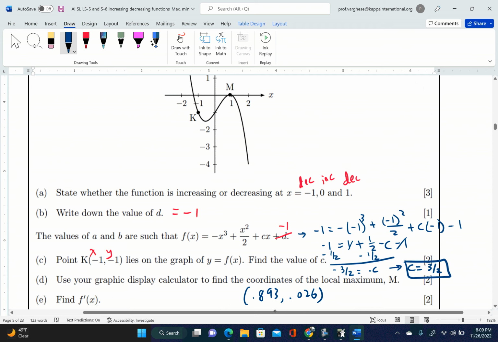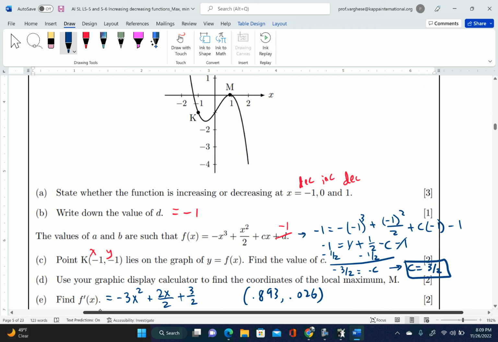And now I'm finding the derivative of f of x, which is this right here. So 3 times -1 is -3, x, 3 minus 1 is 2, so that's -3x squared, plus 2 times 1 is 2x over 2, plus c is 3/2.